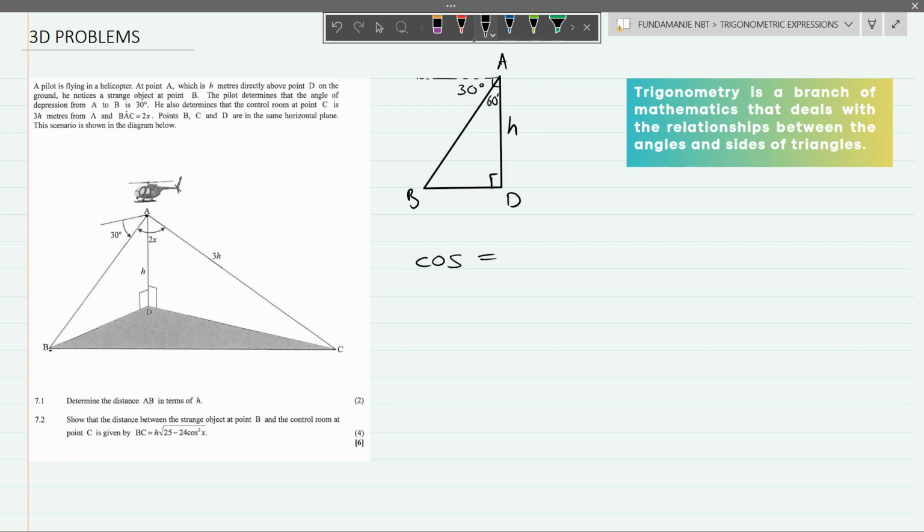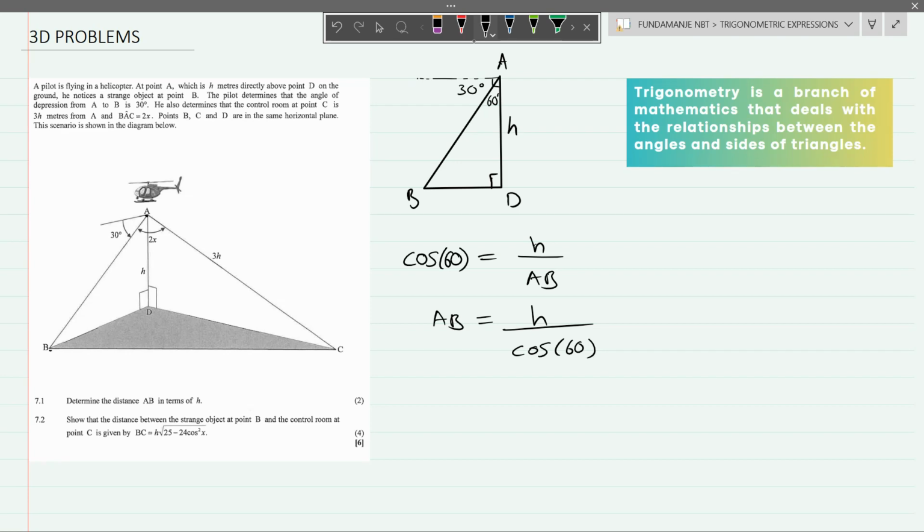Cos 60 degrees is equal to adjacent, which is h, over hypotenuse, which is AB. So AB is equal to h over cos 60 if you simplify it fully. Then this is our answer.